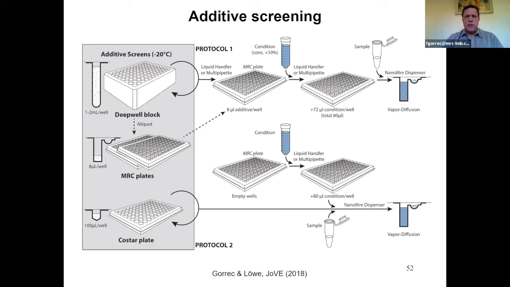So that facilitates the additive screen as well. So no excuses not to try that. It's very straightforward. You basically add the condition that you prepared yourself, based on the results of your 4-corner solution protocols, to the plates with the additives, and then set up your plate normally.